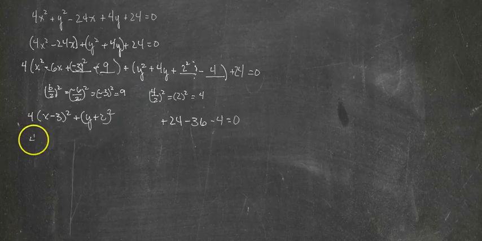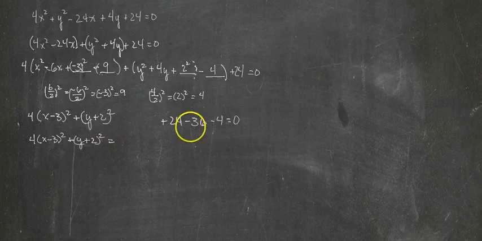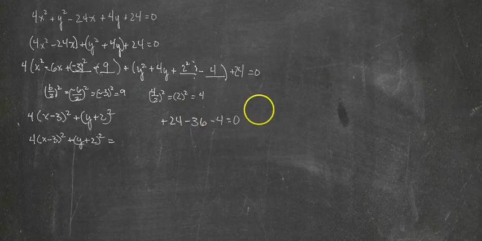So I have 4 times x minus 3 squared plus y plus 2 squared equals, I'm going to subtract these to the other side. So 24 or 36 take away 4 is -40 plus 24 is -16. But if I subtract that or add that to both sides, then I get equals 16 on this side.